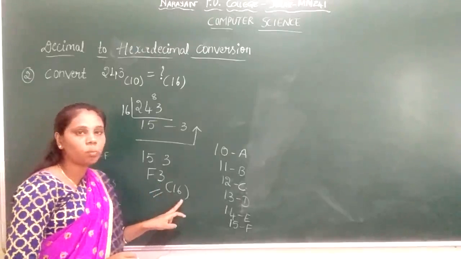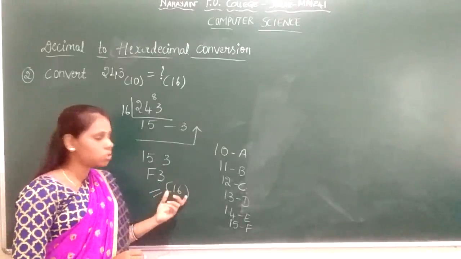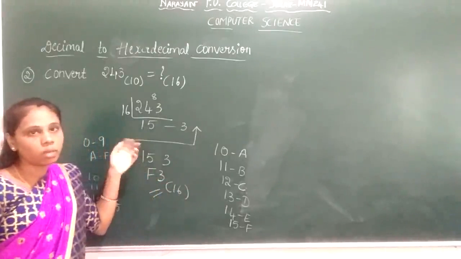Now mention the base value as 16. So it shows the hexadecimal value for your decimal value.